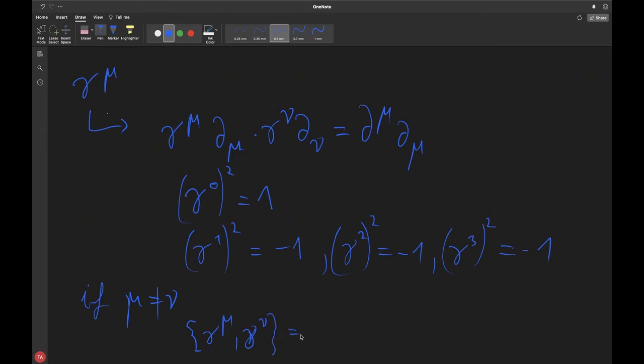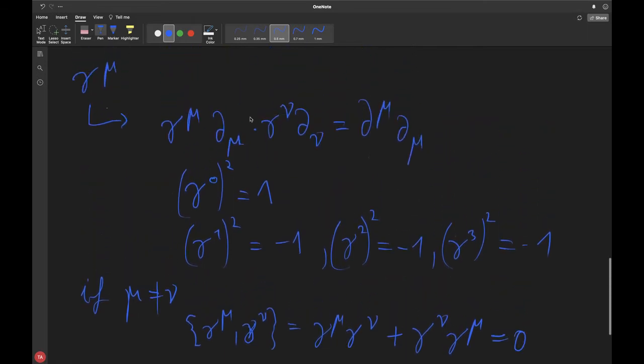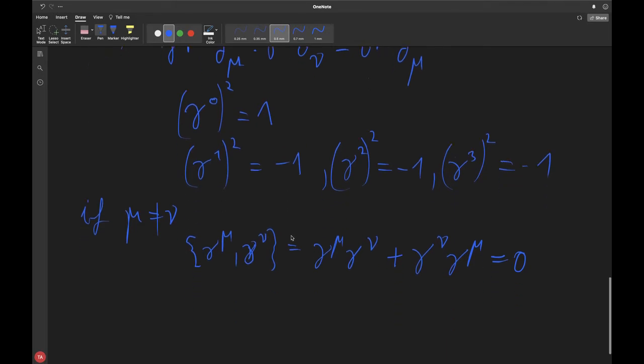Like with the commutator, where we had the multiplication of this minus the other way around, now we do the multiplication of these, but we don't subtract, we sum. And this has to be 0. All of these things just come from the definition of this 4-vector.